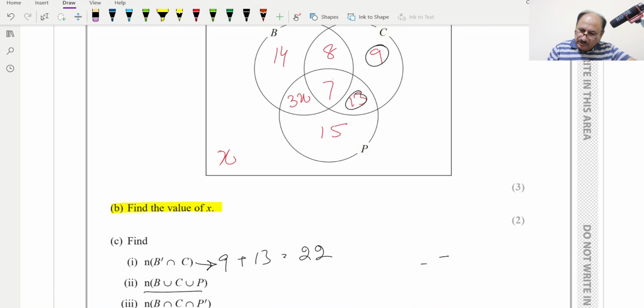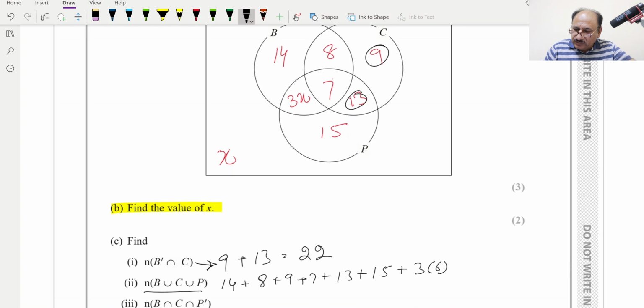so I'll rewrite so that we do not get a wrong answer. First of all it will be 14 plus 8, then 9, then 7, then 13, then 15 also, and then 3 into 6.